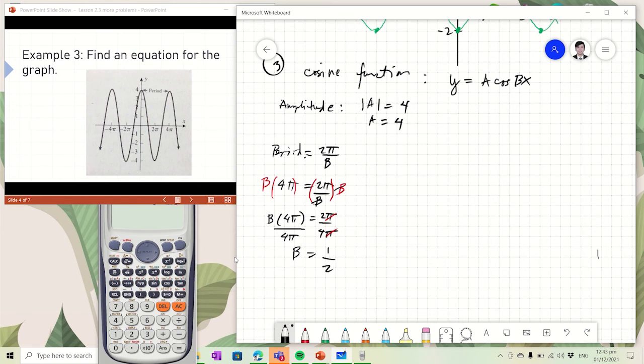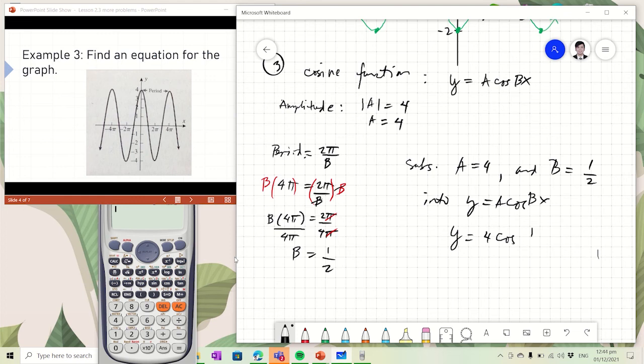So that's our B. So we already have our A and B. We just have to substitute A is equal to 4 and B is equal to 1/2 into y is equal to A times the cosine of bx. So that's y is equal to 4 cosine of 1/2 x. And this is our final answer.